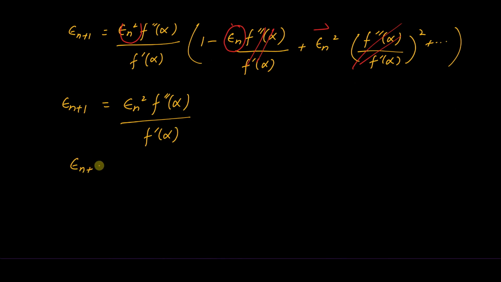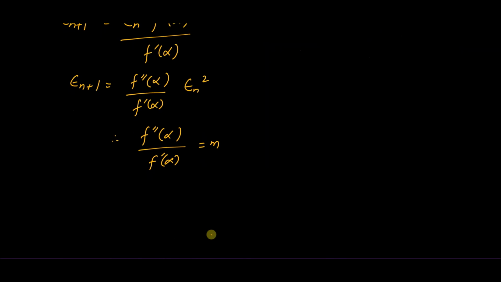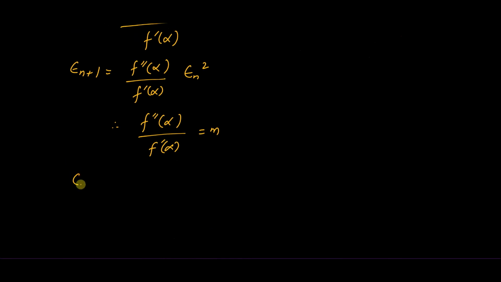Now epsilon n plus 1 equals, I am rearranging the terms, f double prime of alpha over f prime of alpha, and here we have epsilon n square. I am considering that f double prime of alpha over f prime of alpha is equal to m, and substituting back, it becomes m epsilon n square.